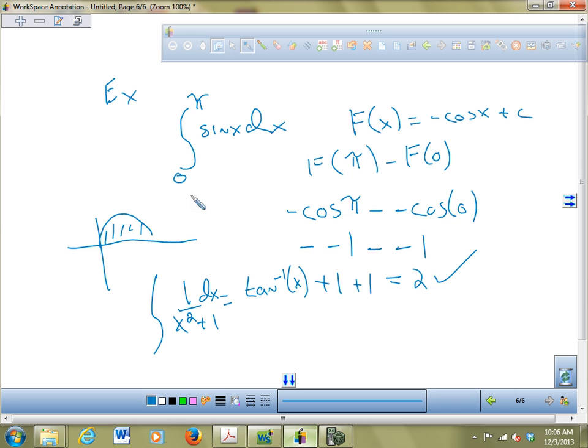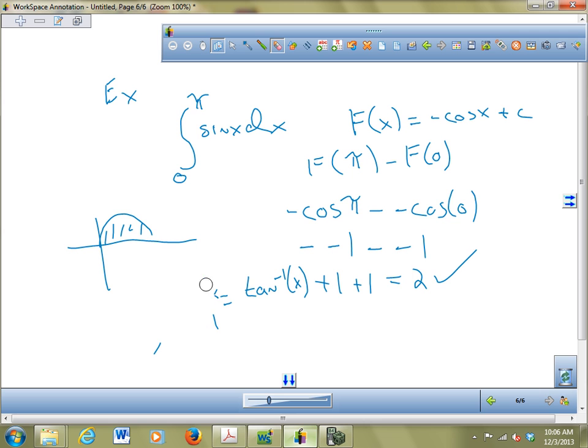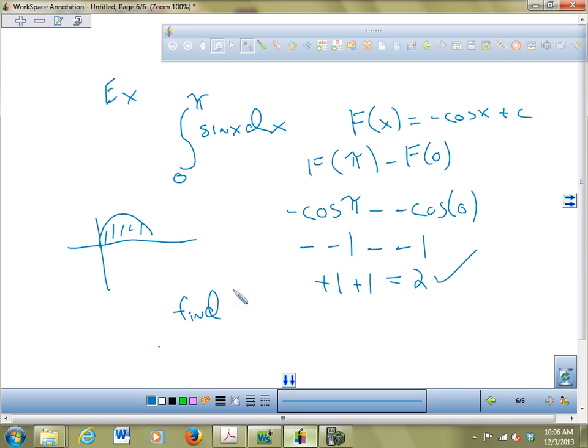Okay, what if they said find the average value for the same function from 0 to pi? What if they said that?